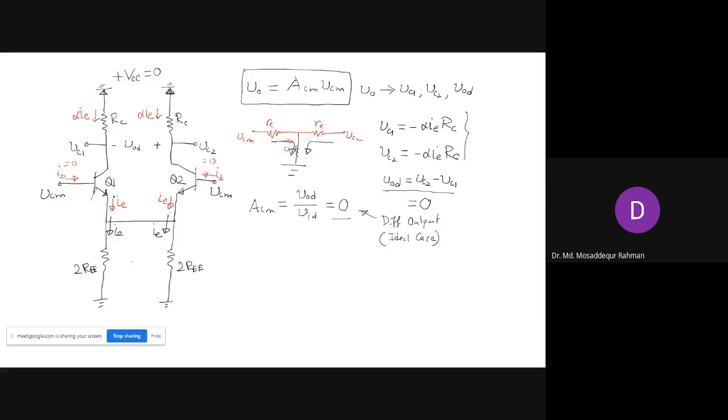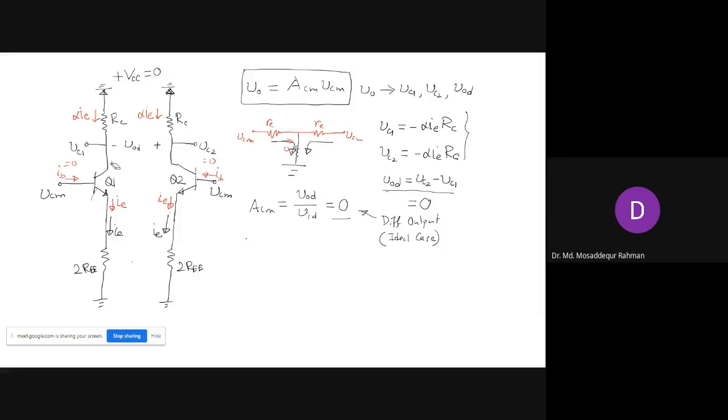And see, this current is going straight down through the resistor 2 RE. So this current is not flowing this path, right? So this has no effect on the circuit. Even if we remove this, everything remains same, right? This current is flowing right down. And now if we remove that connection here, that has no effect.